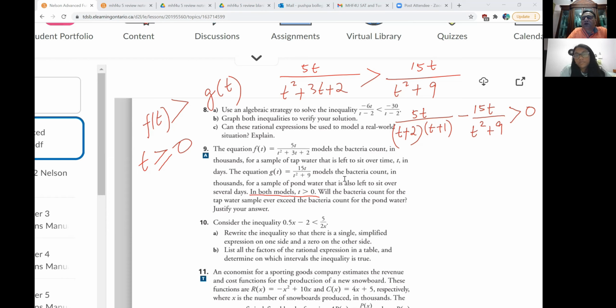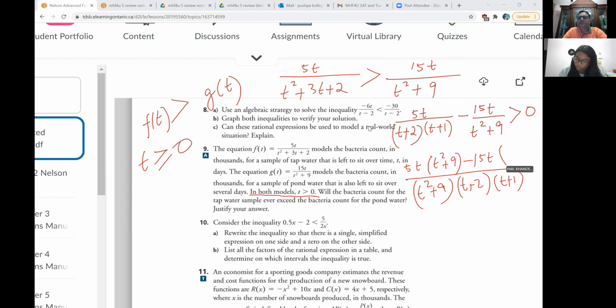So we'll take a common denominator, which is the product of all these. I'll write this as t squared plus 9 times t plus 2 times t plus 1. Multiply them. So 5t times t squared plus 9 minus 15t times both these factors, correct?